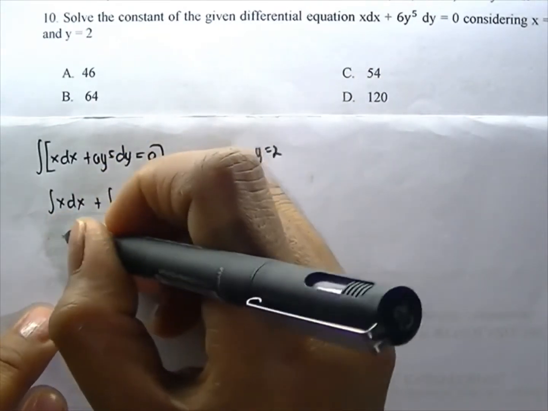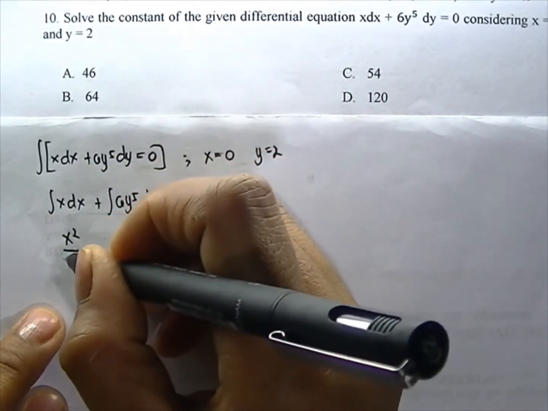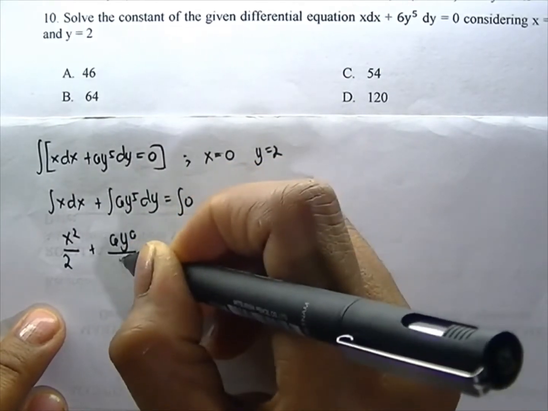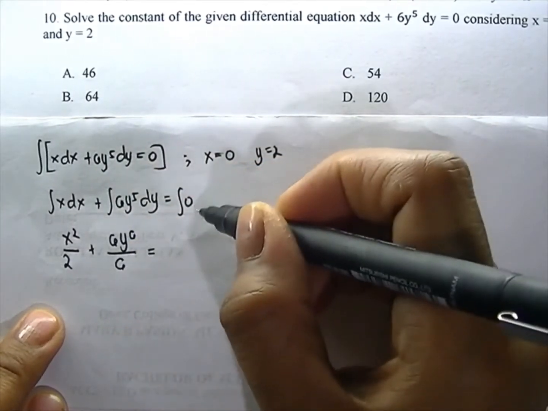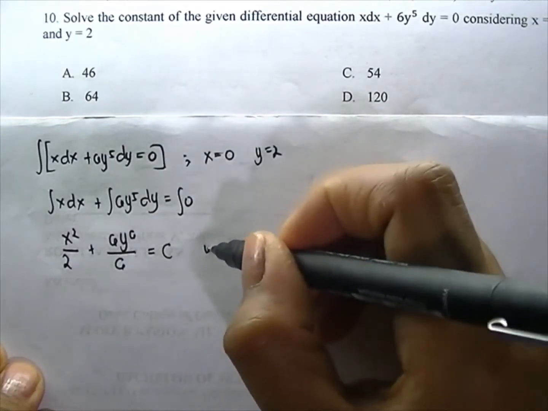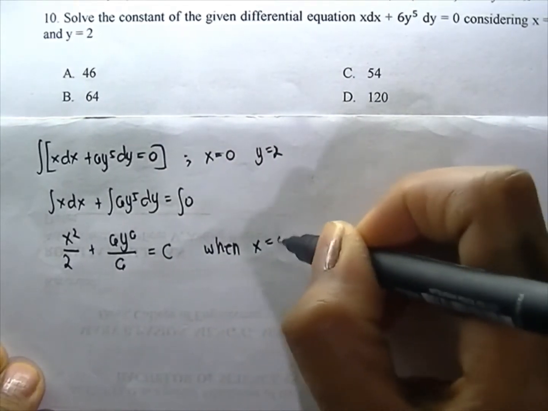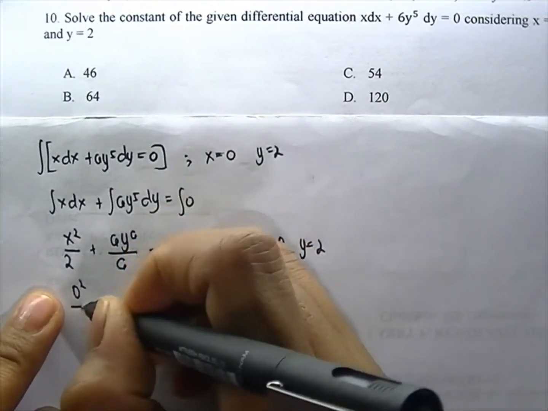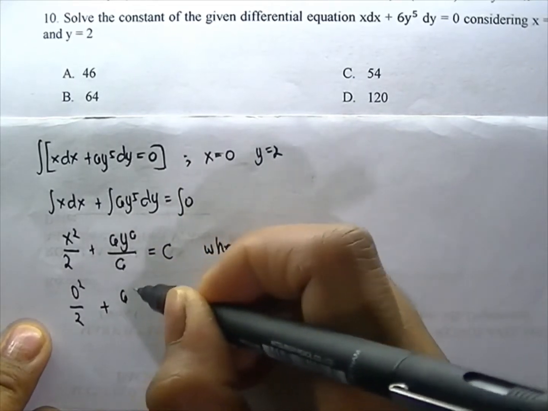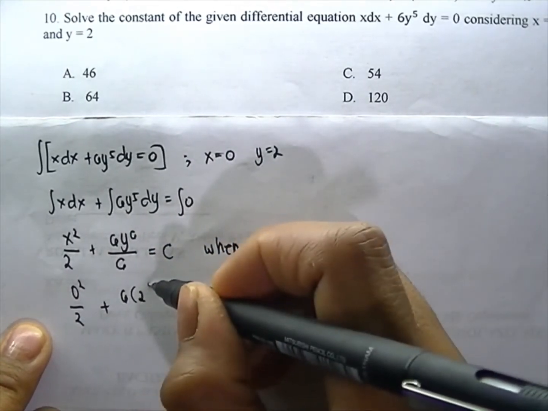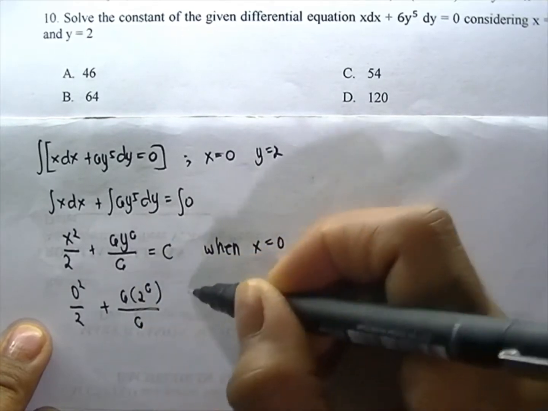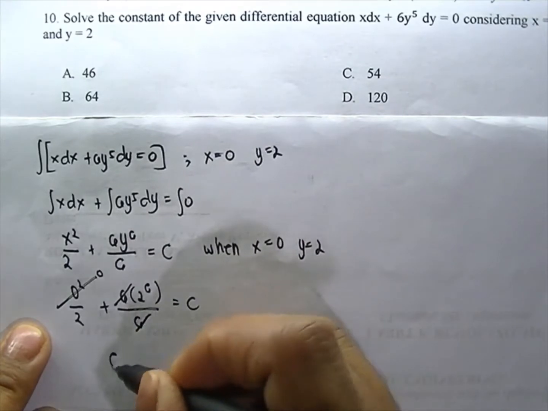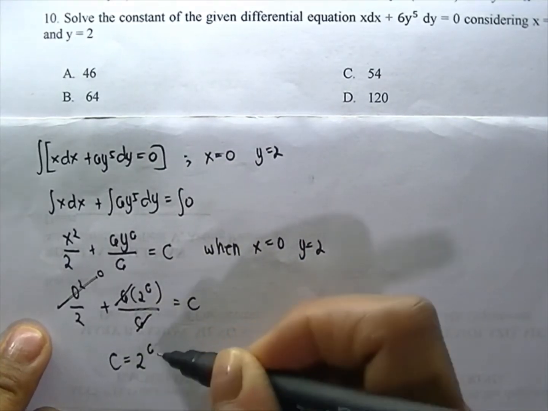So we have x squared over 2 plus 6y^6 over 6 equals c. So when x is 0 and y is 2, we have 0 squared over 2 plus 6 times 2^6 over 6 equals c. So this is 0, we have c equals 2^6.